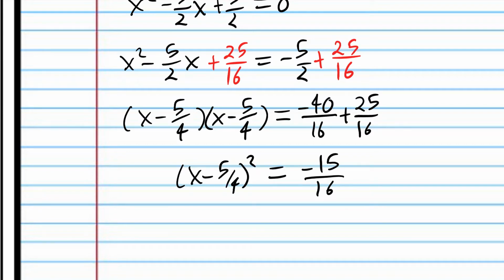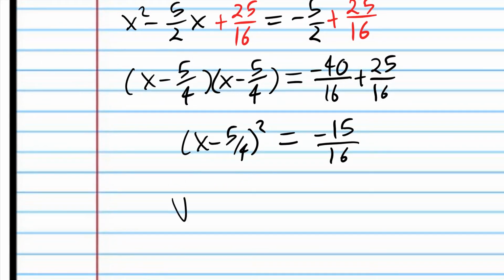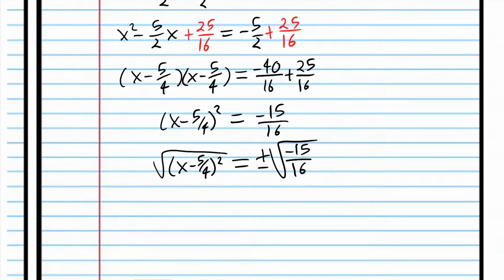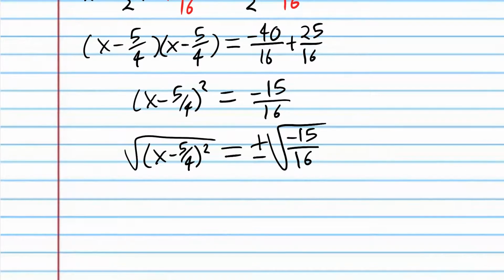Change that to power notation. And we have to get rid of that power. So we do the opposite of squaring, which is square rooting. Remember, put a plus or minus on the opposite side of the equation whenever you square root both sides of an equation. And we get plus or minus square root negative 15 over 4.